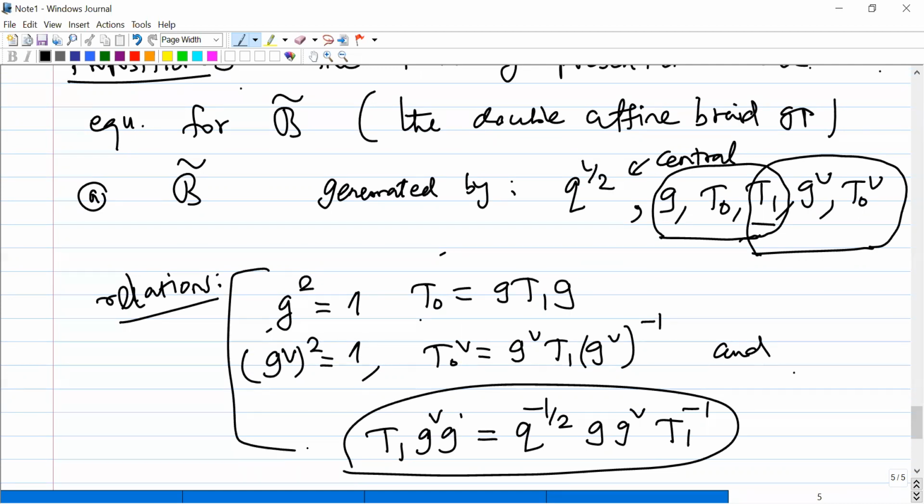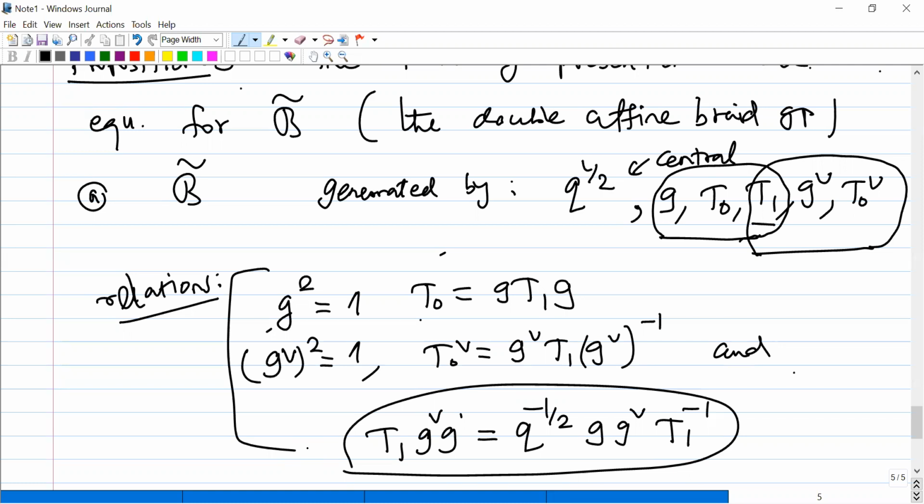So now what we can do as before, if you recall what we did, we set y equal to T naught G. Okay, so by setting that, we could change the braid group generator and then their relations.